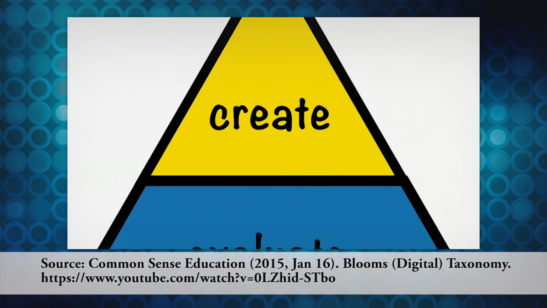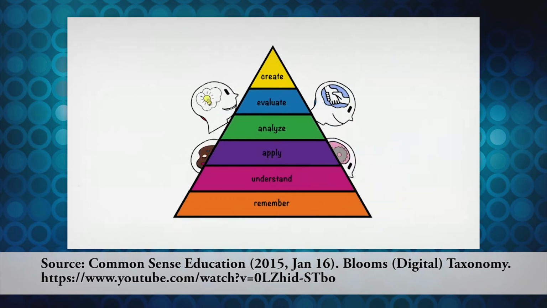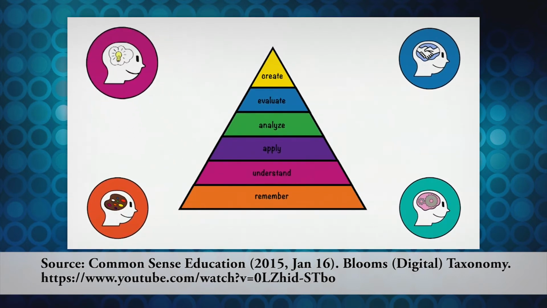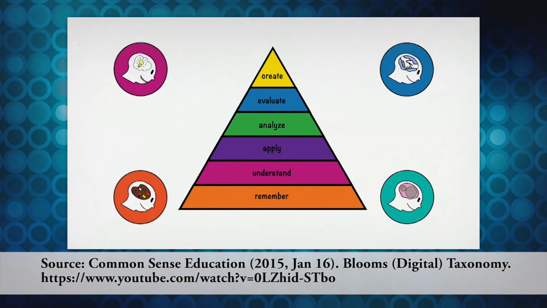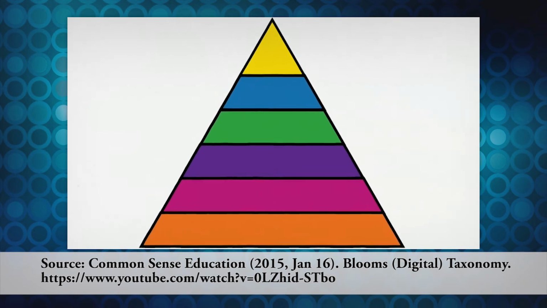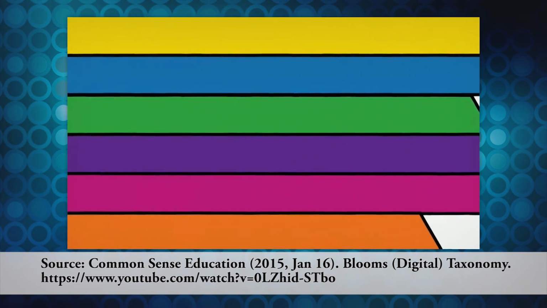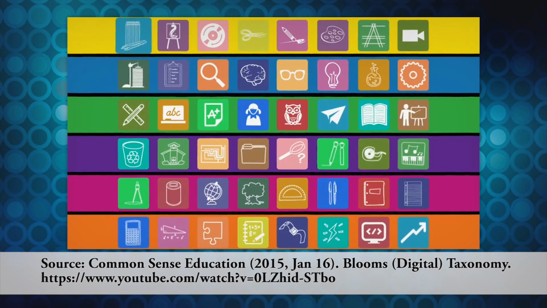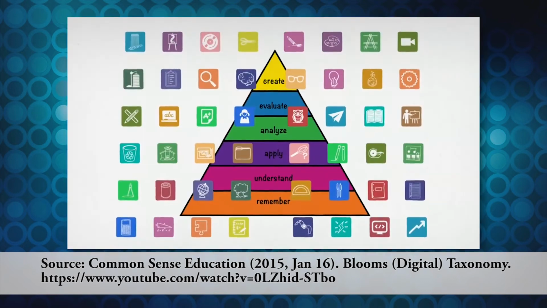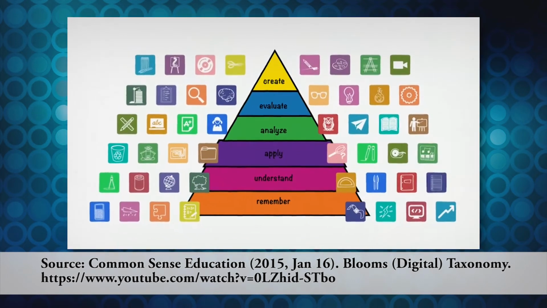Adding digital verbs to the taxonomy also promotes 21st century skills like communication, collaboration, creativity, and critical thinking. Others have taken the 6 levels of the taxonomy and aligned them with technology tools that help foster each level. For example, as a teacher, you can think about how to integrate apps and websites that help schools in transforming student thinking at different levels.